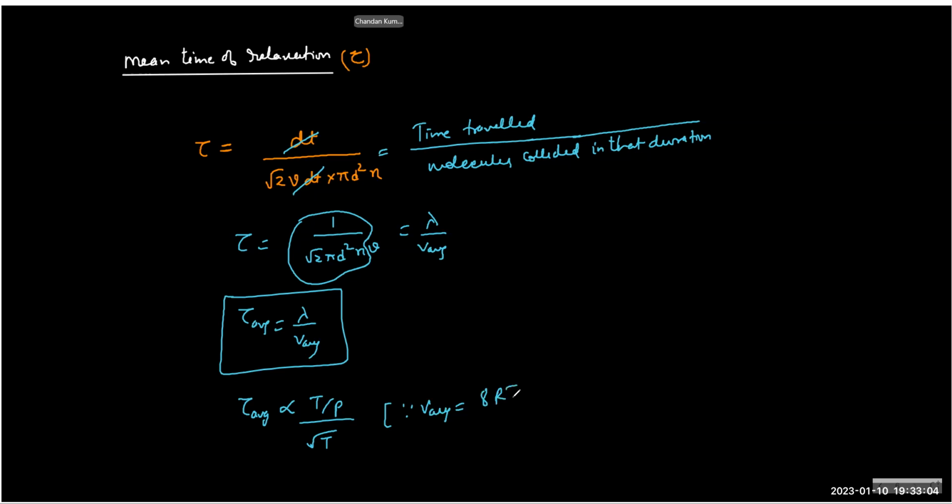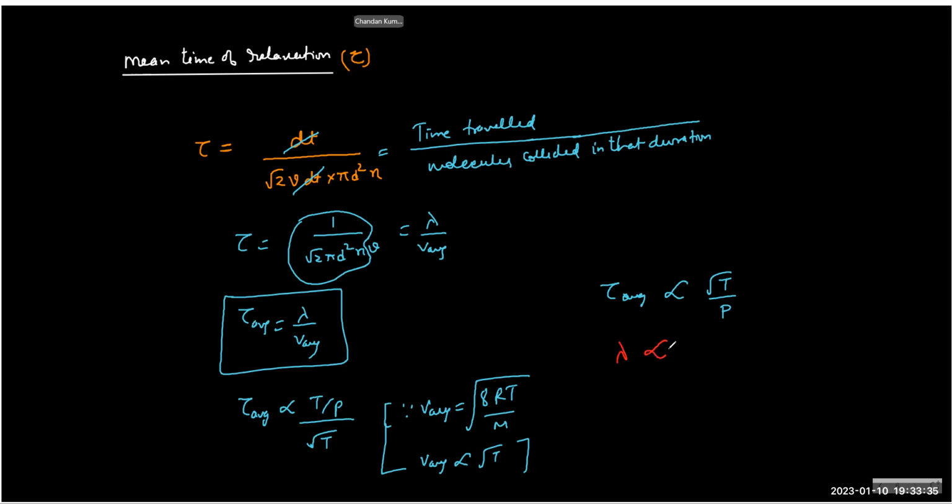Root of 8RT by capital M. So anyway, any velocity is always proportional to root of T. That's very logical, because kT represents energy, right? So under root T will represent the velocity. And because of this relation, when you're solving the question, tau average should be taken as proportional to root T by P. So now let me write down all the formulas at once.